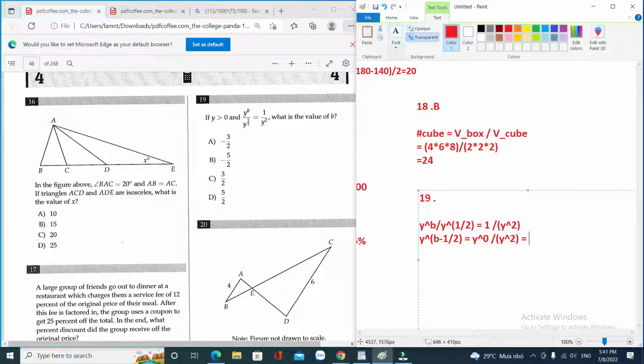So that's y to the power of 0 minus 2. So that means b minus 1/2 is equal to 0 minus 2, which is minus 2. So b is equal to minus 3/2. So the answer should be A.